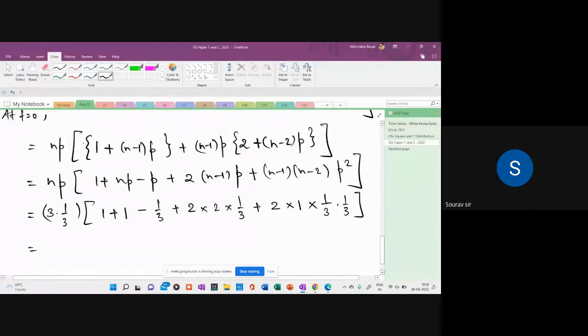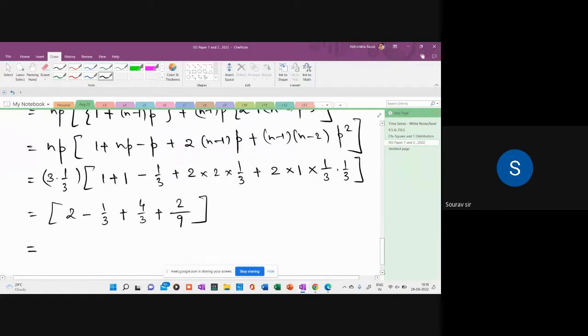So this 1 gets out. So 2 minus 1 by 3 plus 4 by 3 plus 2 by 9. And this finally gives me 2 minus 3 by 9 plus 12 by 9 plus 2 by 9. 18 by 9.